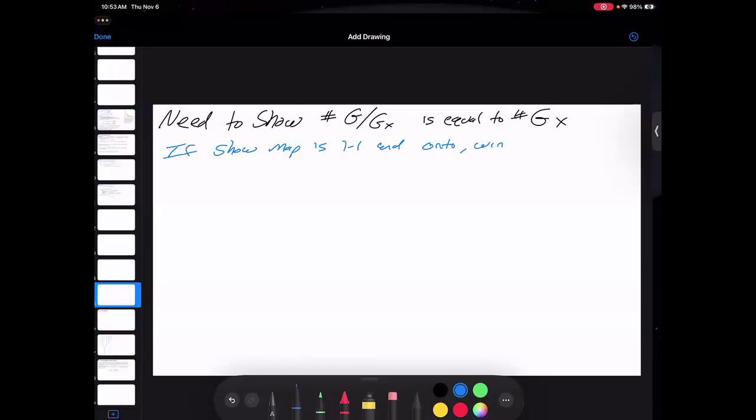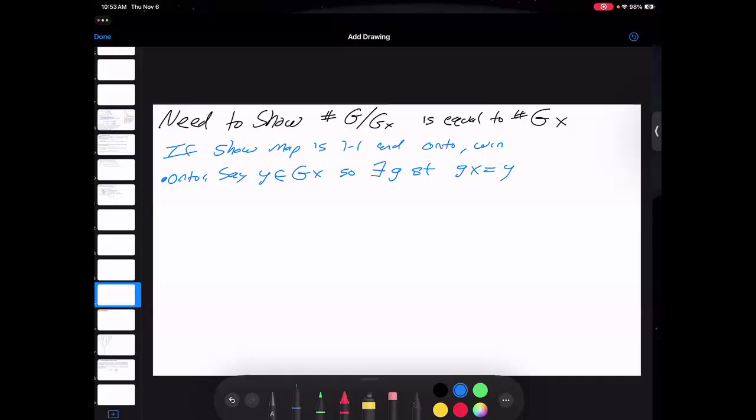Well, the orbit is all the action of G on X. So you give me anything in the orbit, I can find something that hits it. So onto isn't bad. Let's say y is in the orbit. So there exists a g such that gx equals y. Right?